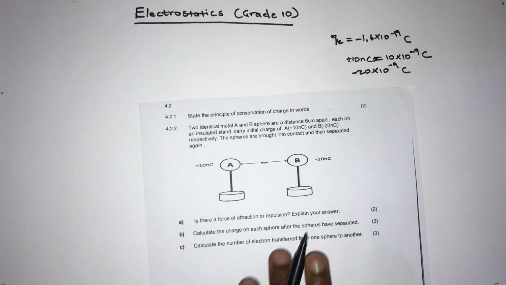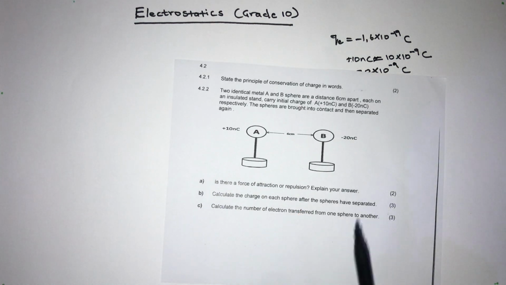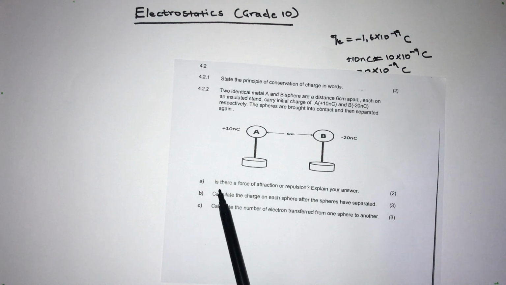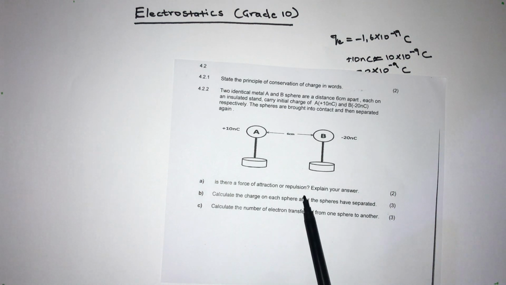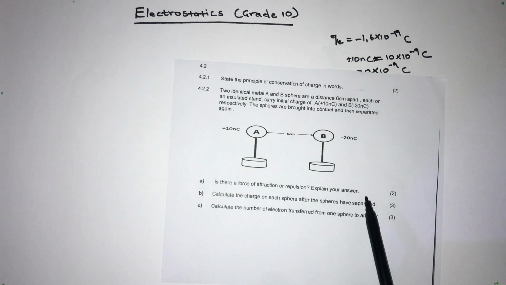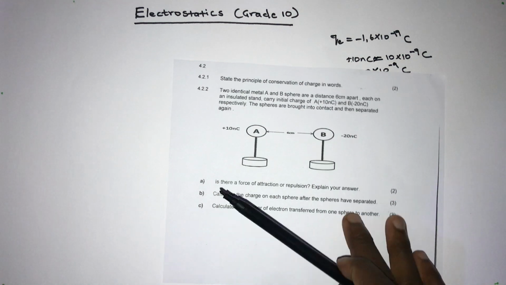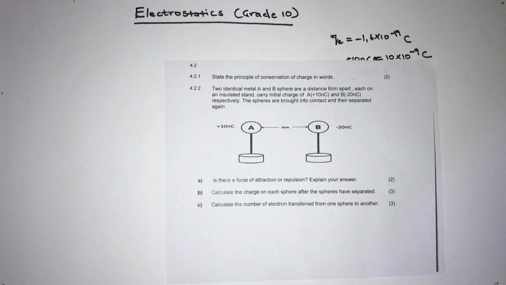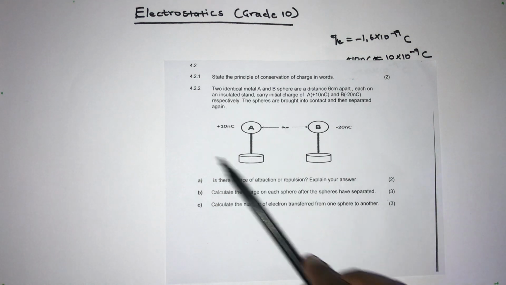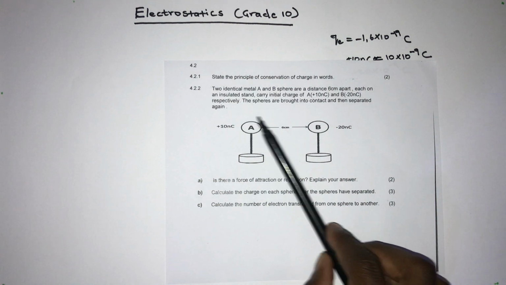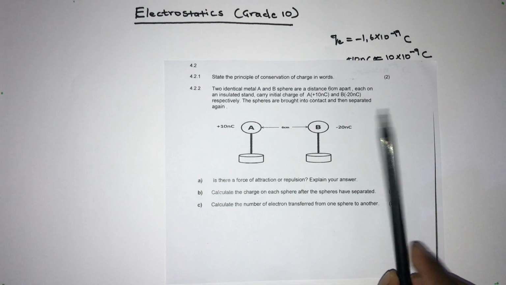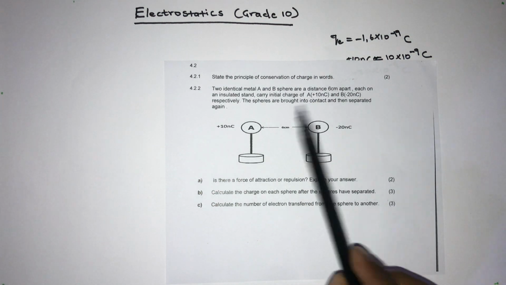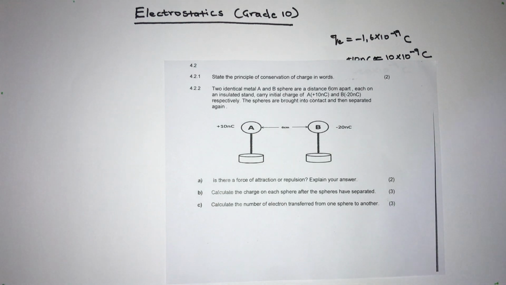And then question A, it says, is there a force of attraction or repulsion? Then you explain your answer. So now we must check the spheres. Sphere A is carrying a positive charge, sphere B is carrying a negative charge. Positive and negative are unlike charges.